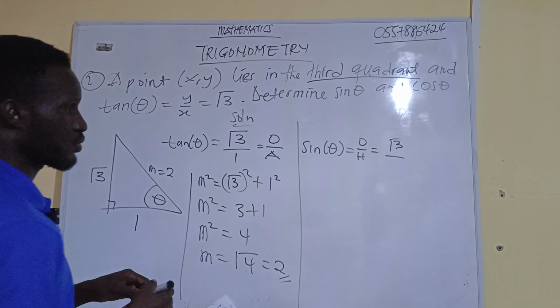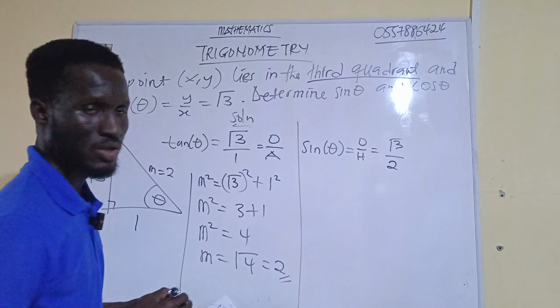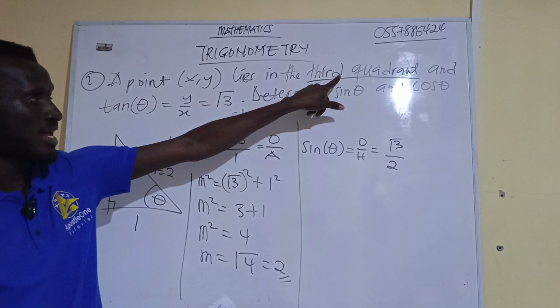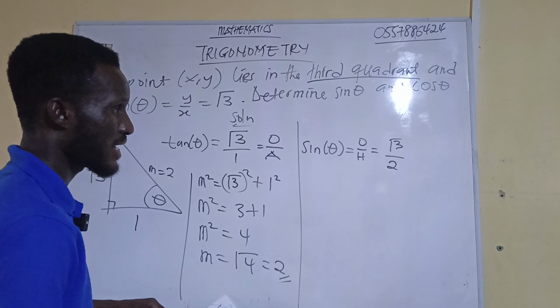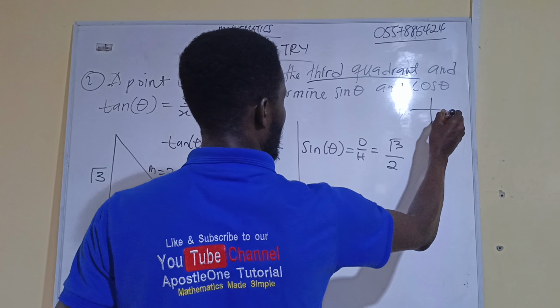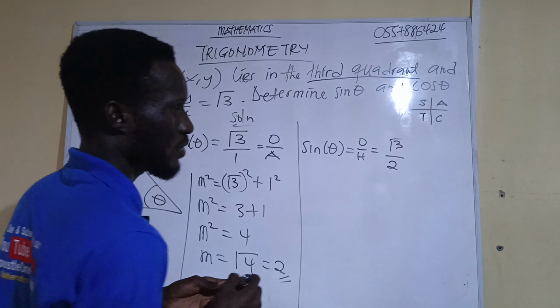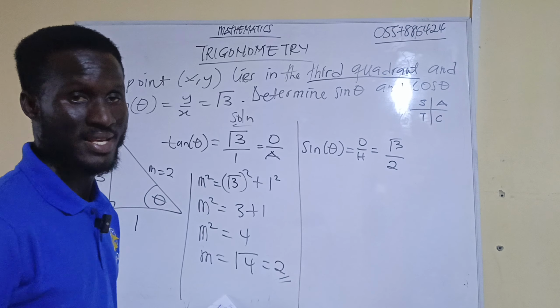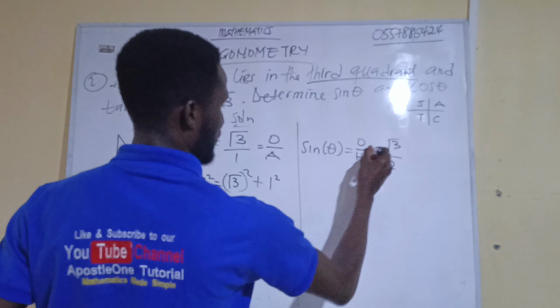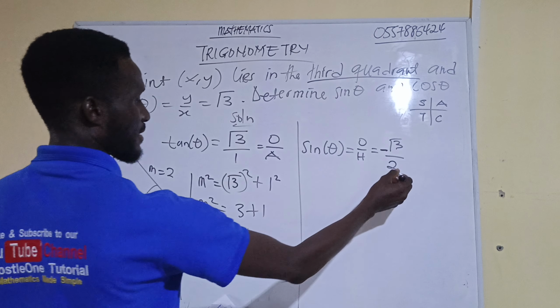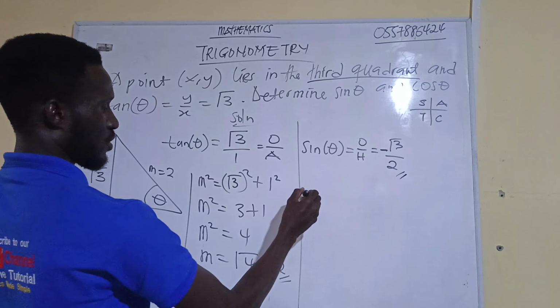The hypotenuse is 2. Don't forget that this one is in the third quadrant, and in the third quadrant, don't forget our CAST. Only tan is positive. So the sine is supposed to give us a negative answer. So that is the answer. We are done.